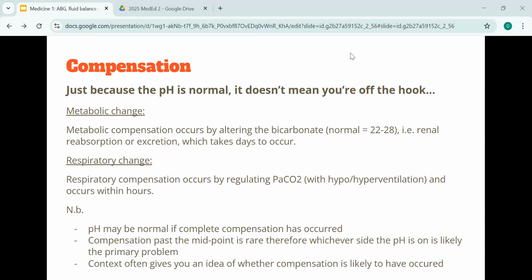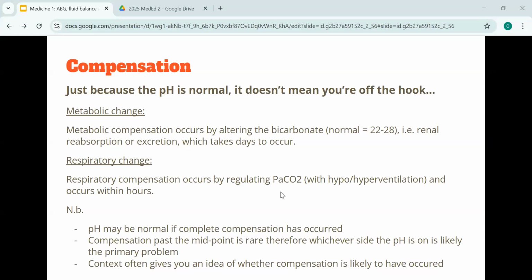So if you take the normal range of the pH, which is between 7.35 and 7.45, if there was an acidosis, so a low pH, which has been compensated, the compensated pH will sit between sort of 7.35, 7.36. Whereas if there was an alkalosis, which was compensated, that pH will sit closer to the 7.44, 7.43.